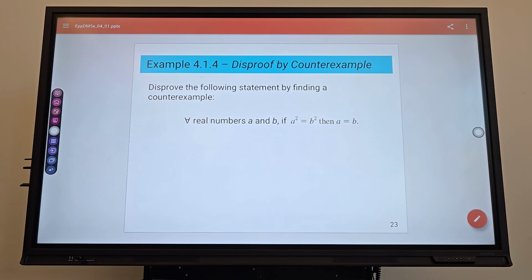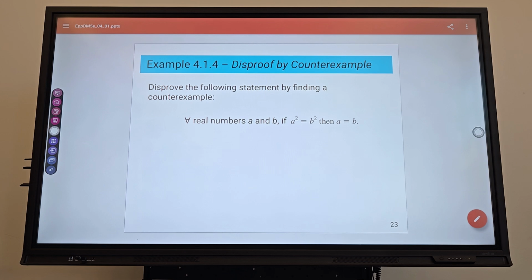Disprove the following statement by finding a counterexample. For all real numbers a and b, if a squared equals b squared, then a equals b. a squared equals b squared, but a and b are not equal.